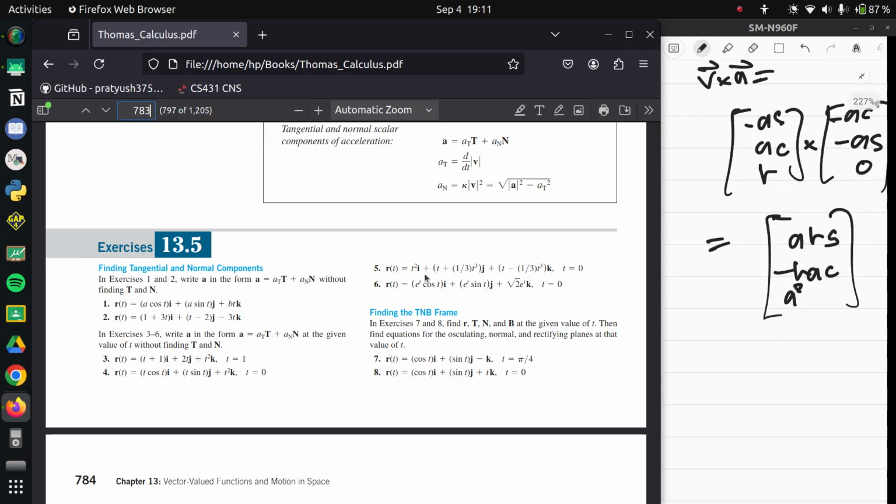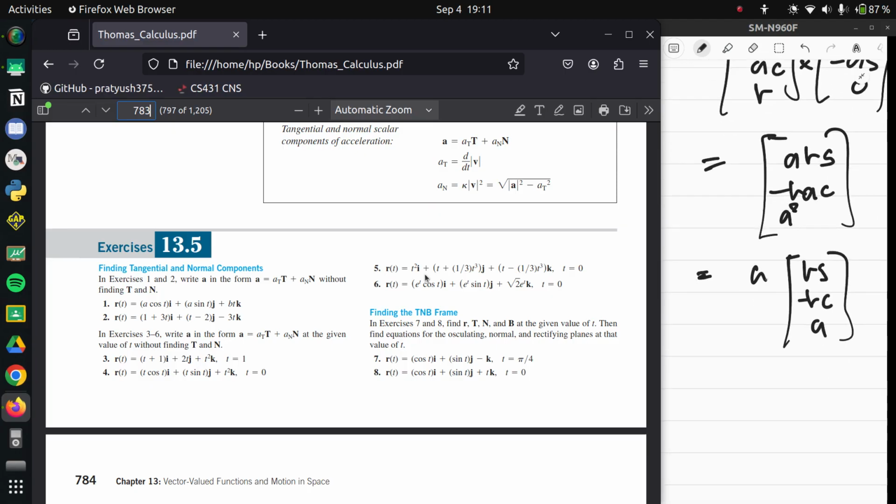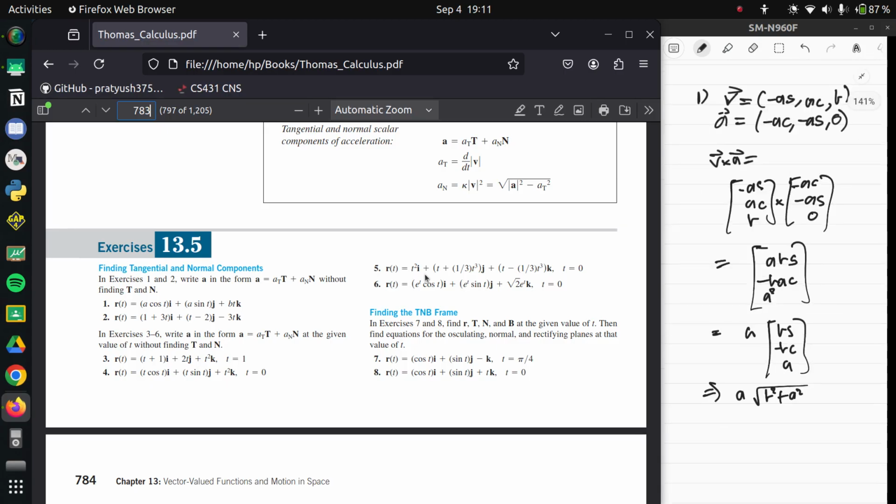So you want the magnitude of that. Let's see if this simplifies. So this thing is just a, and then you got b s, or you could take the a b thing common, and then minus b cosine t. So what you're essentially getting is a times the square root of b squared plus a squared.